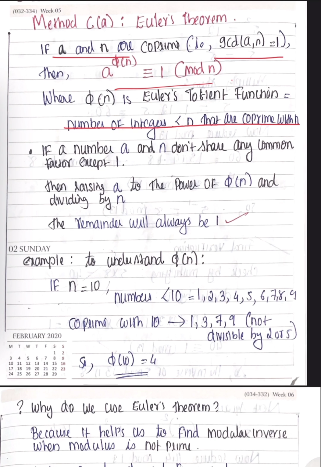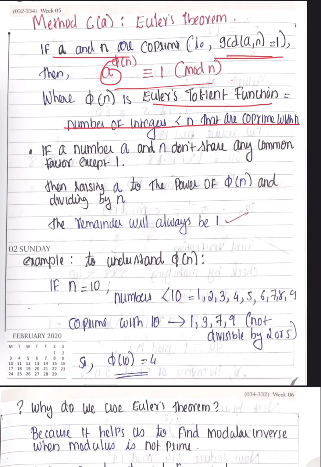Here A is an integer, N is the modulus, and coprime means GCD of A comma N equal to 1. In this equation, we are using phi of N, which is Euler's totient function.